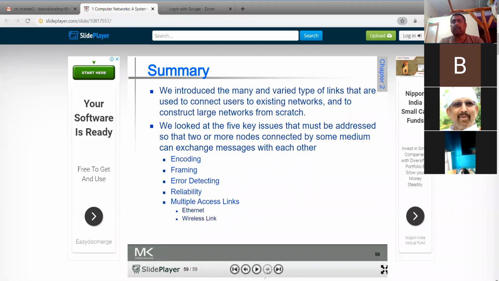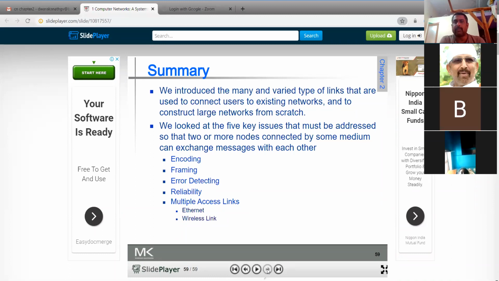Now another important thing, after framing, frames will come, and those frames will either have errors or not. So errors should be detected. It means due to noise and transmission errors, maybe 0 will become 1 or 1s will become zeros. That error detection should be done.